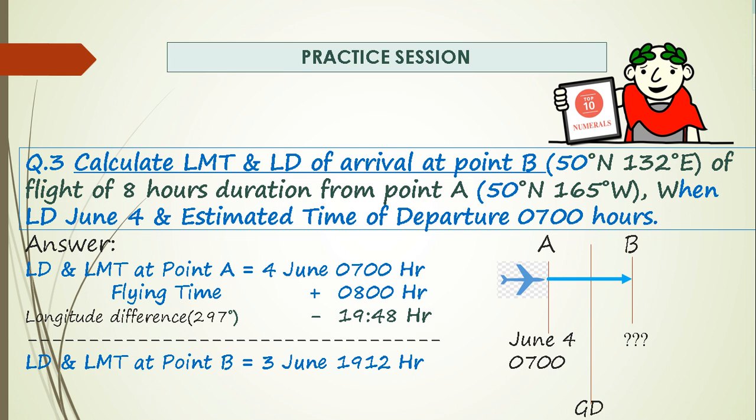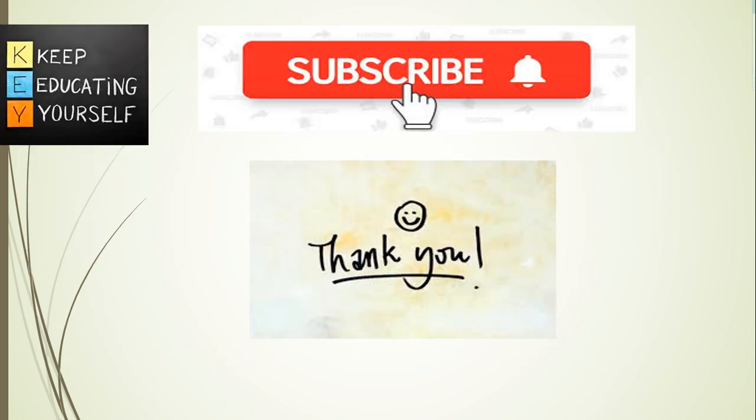If you look at the globe, the difference between these two adds up to 297 degrees. Convert this into hours, divide by 15. So it comes out to be 19 hours 48 minutes. Now you subtract: 4th June 1500 hours minus 1948 hours. So it will be one day before, 3rd June, and 1912 hours.